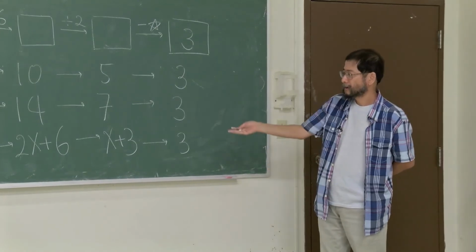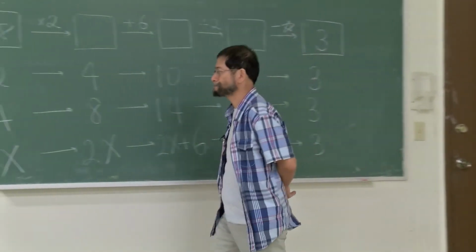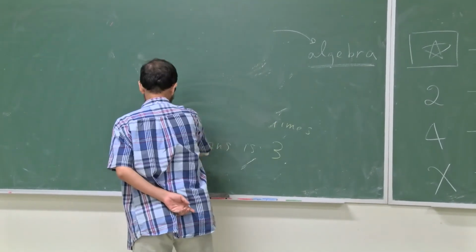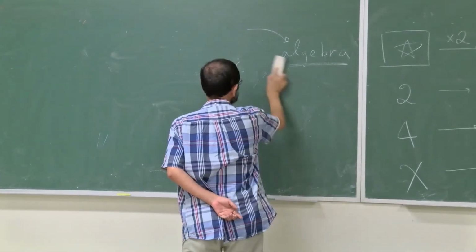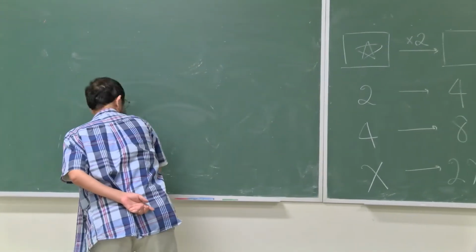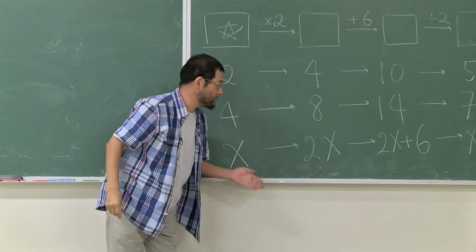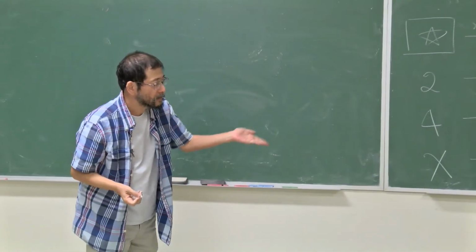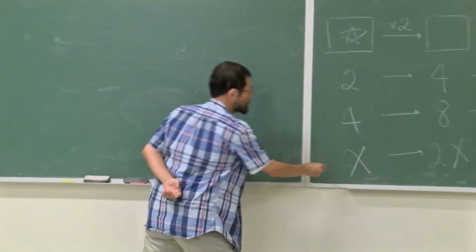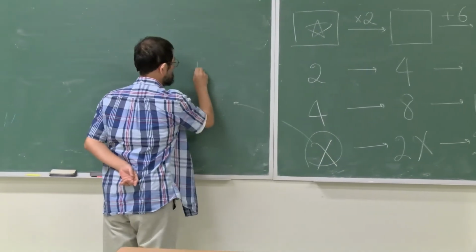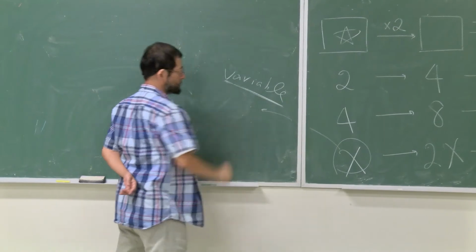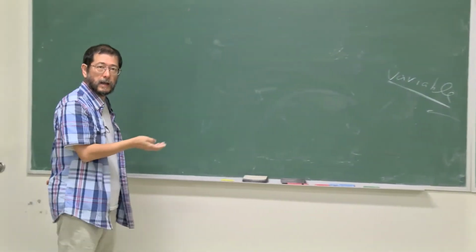So let me write down this process by using what is called an expression. Each of them is actually called an expression, just involving x, which is called a variable. A variable just represents any number.